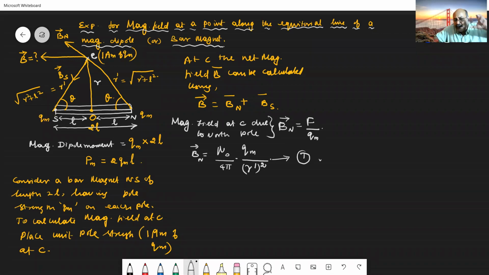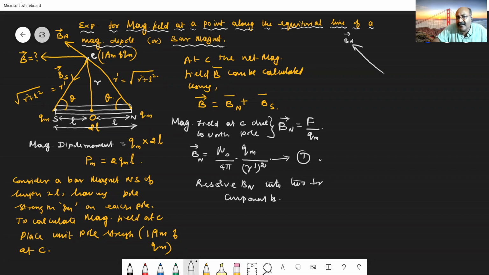Now we have to resolve this Bn into two perpendicular components. I am drawing a diagram here. See, this Bn vector is acting along this direction.